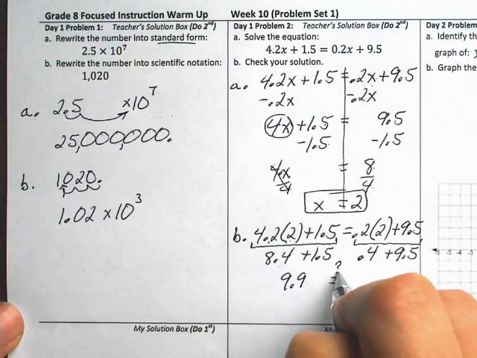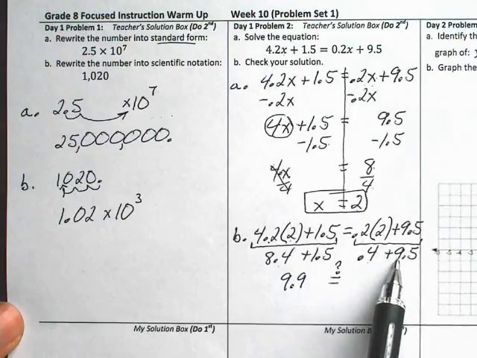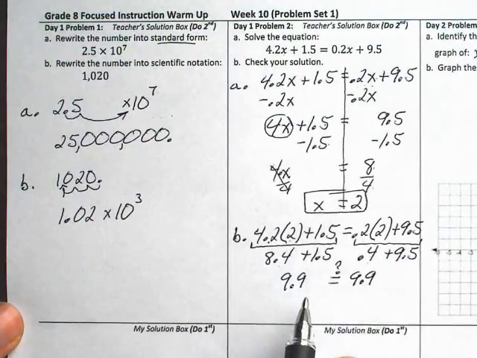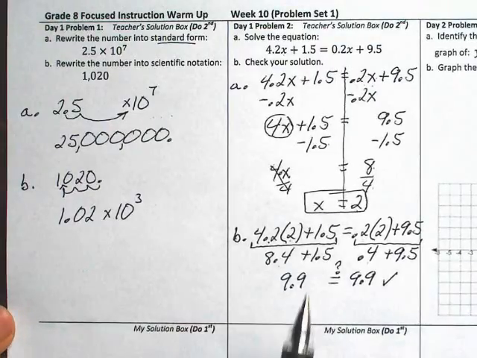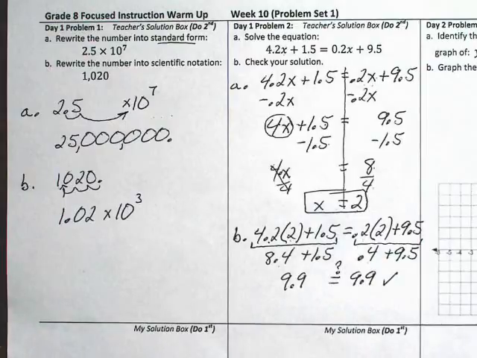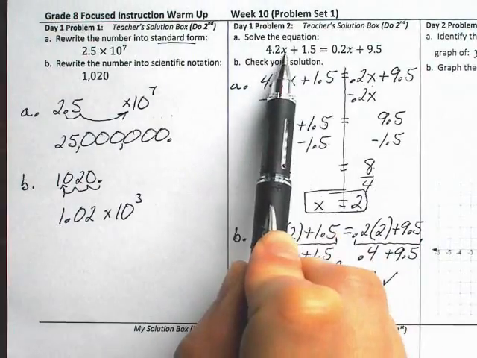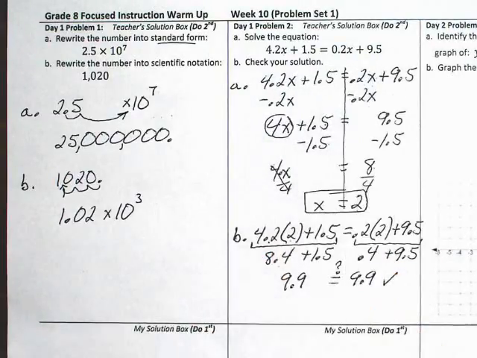Does that equal what's over here? 0.4 plus 9.5 is 9.9. Because these are equal, our solution checks. X is equal to 2 is the correct solution to use for the variable x to make the left side of this equation truly equal to the right side of the equation.